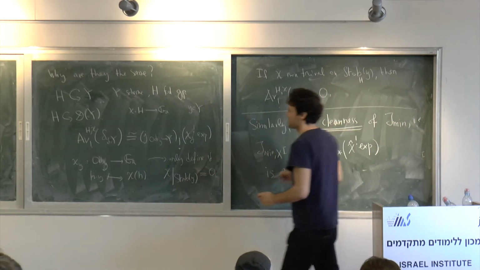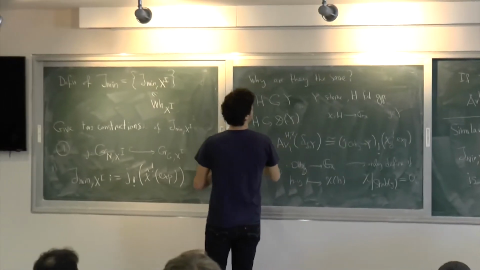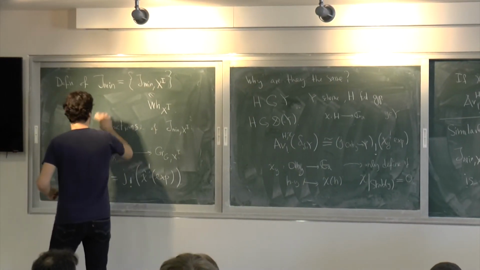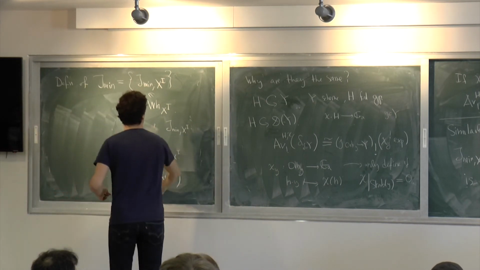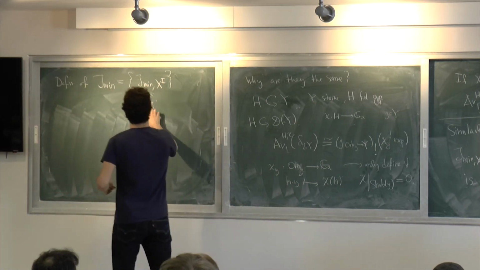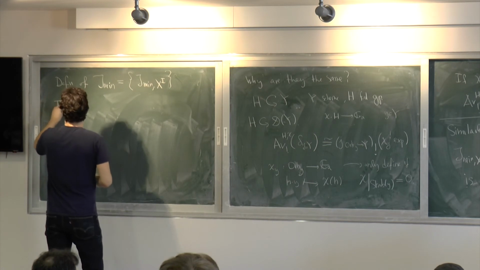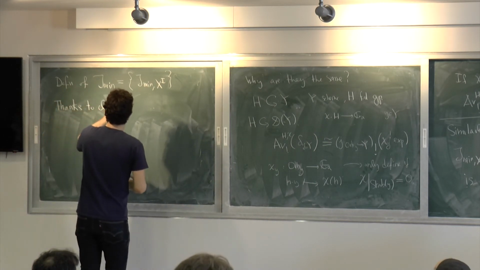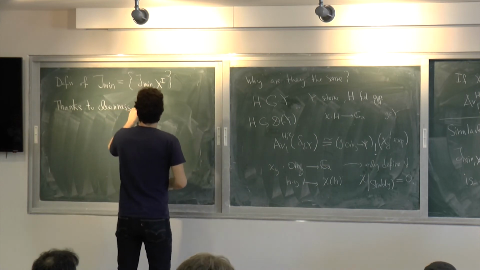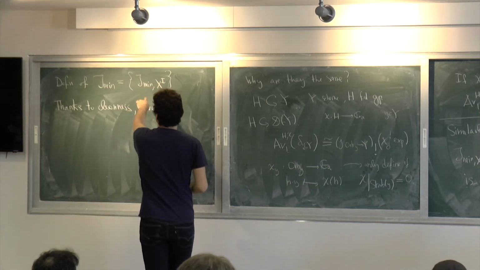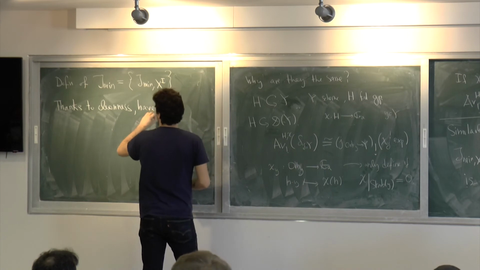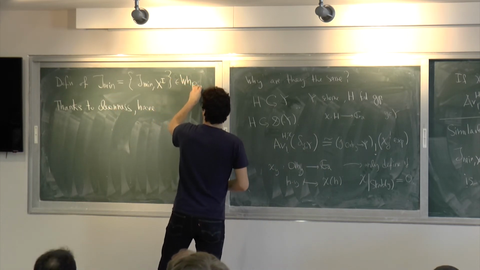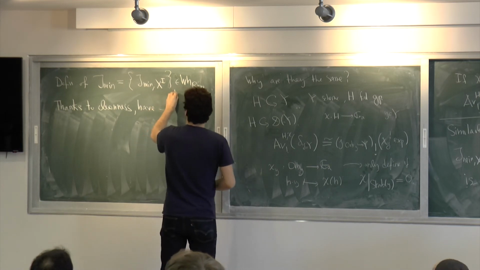And that observation allows me to claim that, thanks to cleanness and base change, I can assemble these guys that were defined for any xi into an object of Whittaker, like this. So I have compatibility.